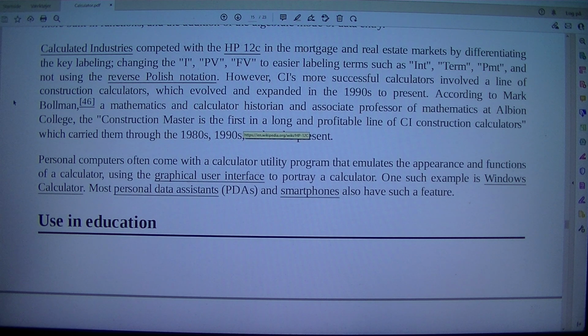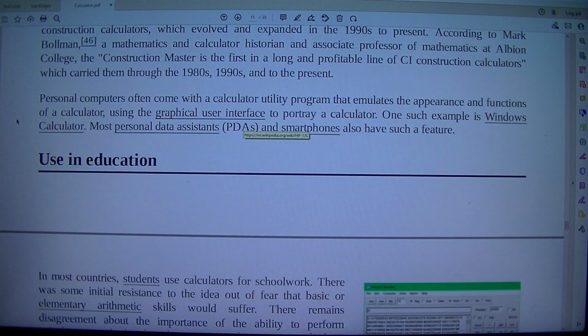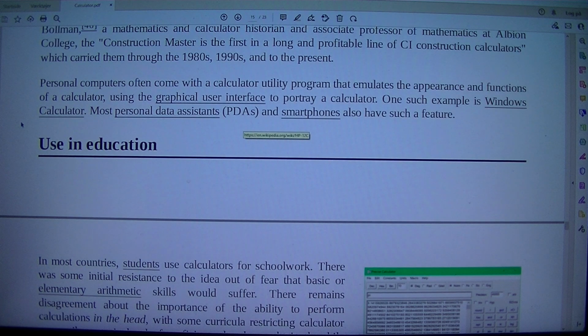According to Mark Bowman, 46, a mathematics and calculator historian and associate professor of mathematics at Albion College, the Construction Master is the first in a long and profitable line of CI construction calculators which carried them through the 1980s, 1990s, and to the present.